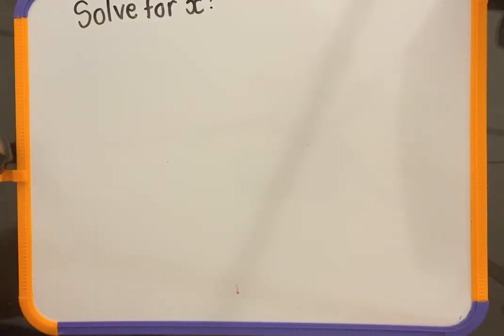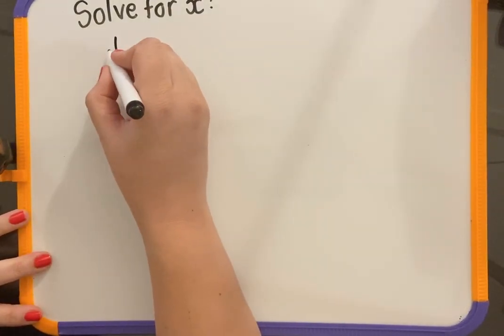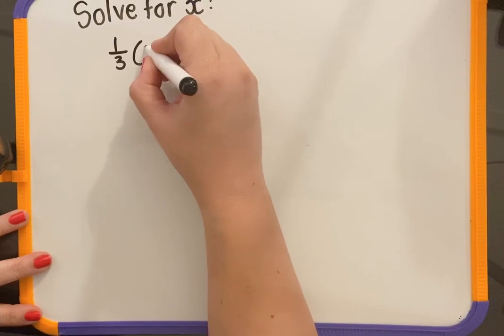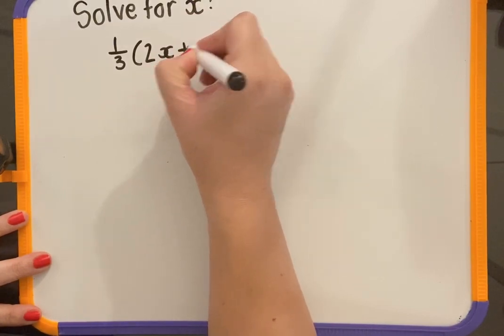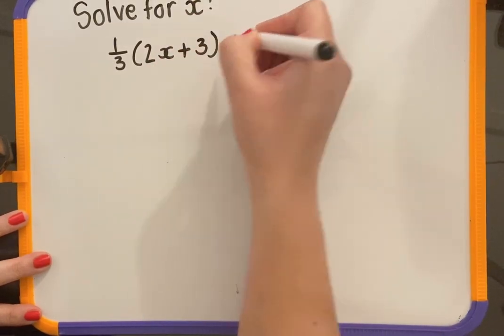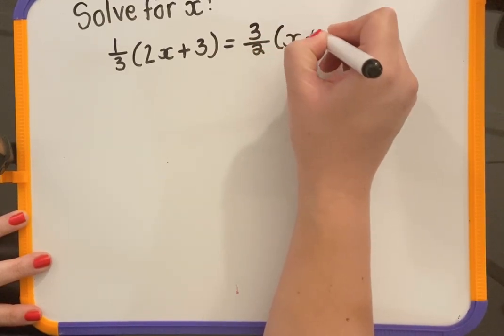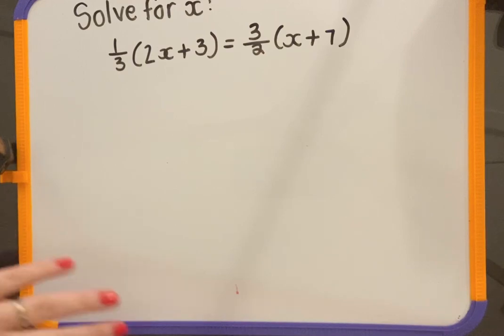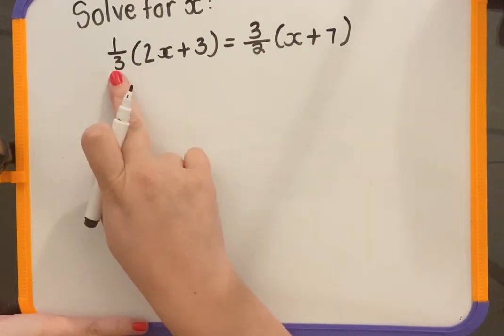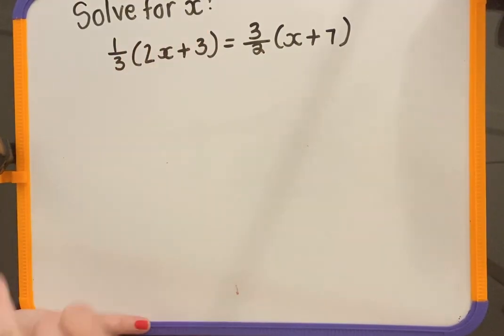If I've been given a third multiplied by 2x plus 3 equals 3 over 2 x plus 7. Now, remember, this third is multiplied by 2x plus 3.